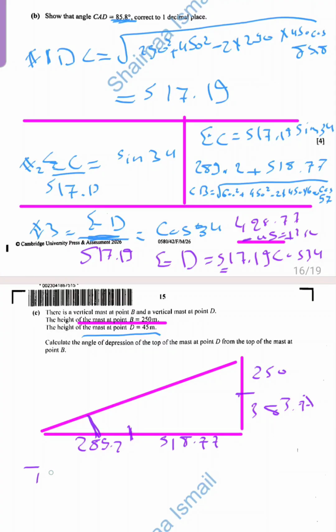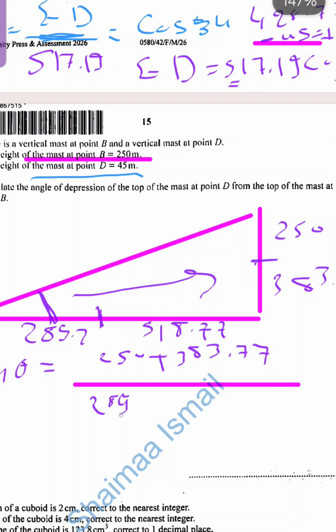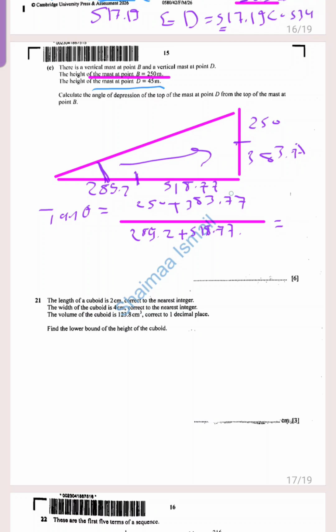So tan theta here, we can say that tan theta will be equal to the opposite side, 250 plus 383.77 dividing by 289.2 plus 518.77. Just revise me on the DP. Okay, so the theta here will be equal to 39.5. I wish you get this question, which is very important here.